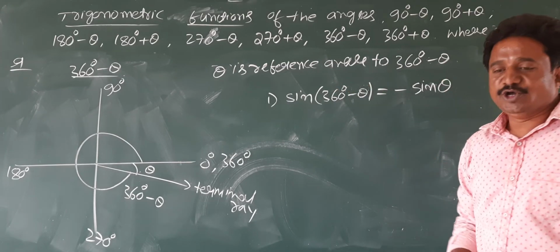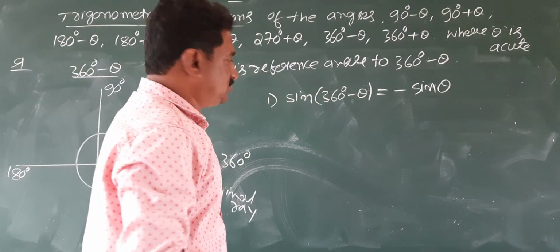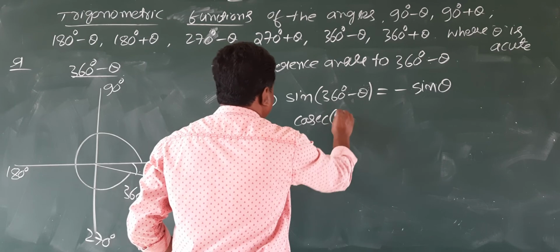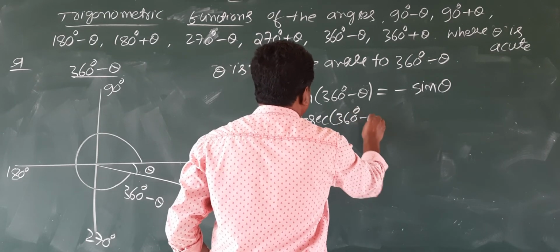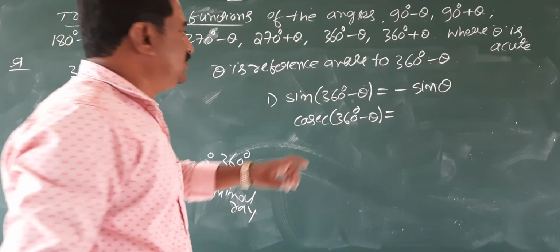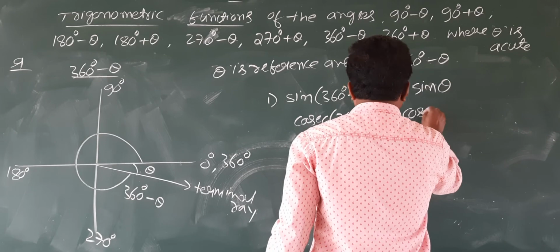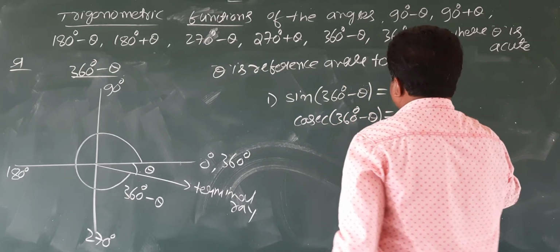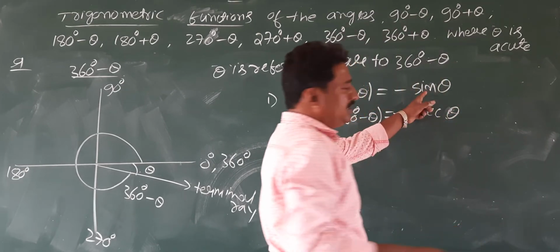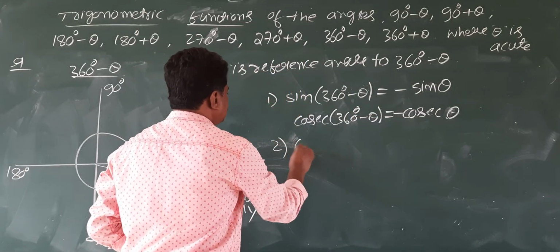How much is sine 360 minus theta? Minus sine theta. Similarly, reciprocal cosecant 360 degree minus theta is minus cosec theta. Reciprocal of sine is 1 by sine, it is cosec.